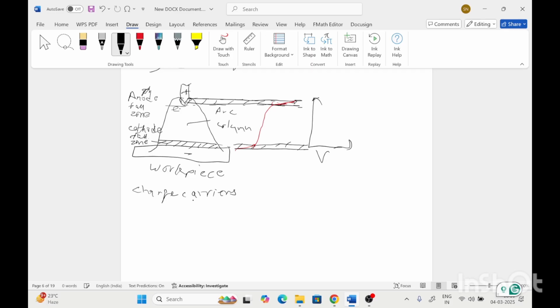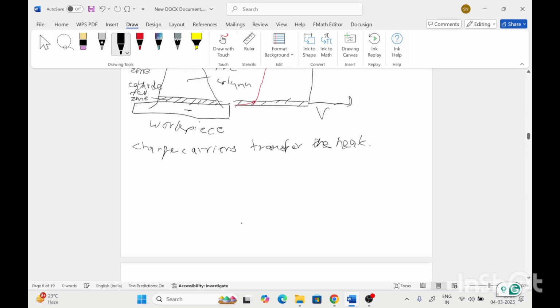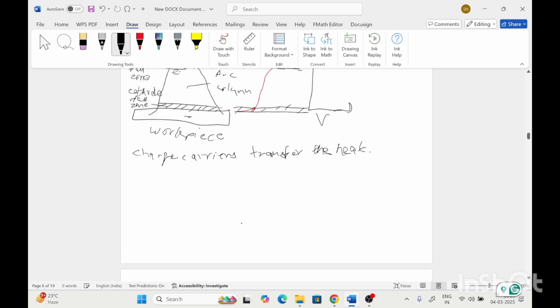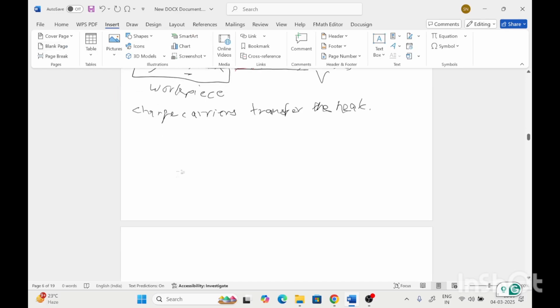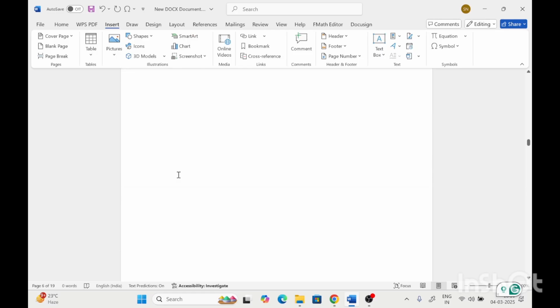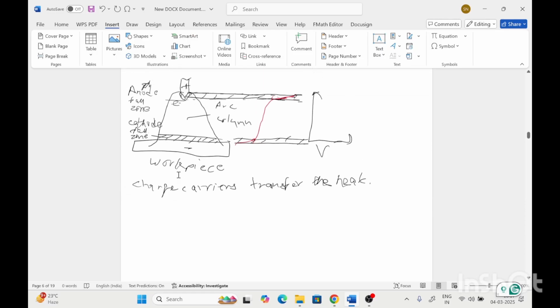Charge carriers transfer the heat from one point to another. So all three zones have different heat.